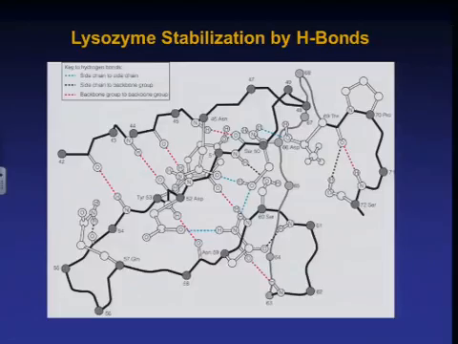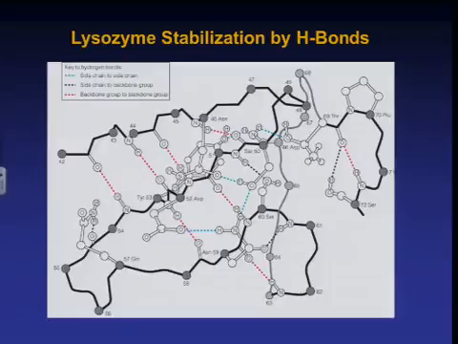Okay, so hydrogen bonds, you should be pretty familiar with this. Here's an example of lysozyme with 3D structure being stabilized by hydrogen bonds. Really, the important point here is to realize that there are three flavors.